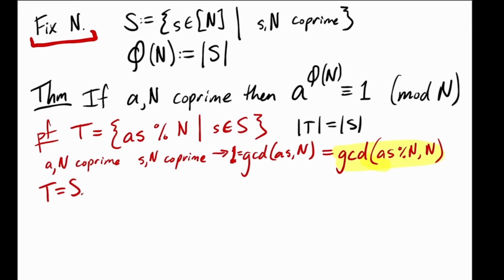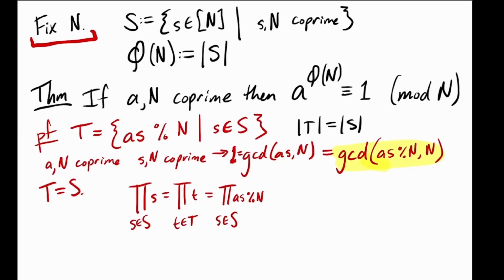All right. So if they're the same set, then when I take the product of all the elements in S, that's equal to the product of all the elements in T. But the elements in T, by definition, are just taking the elements of S, multiplying them by A, and reducing them mod n.